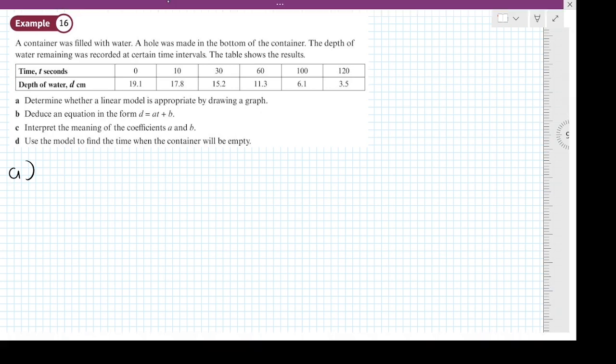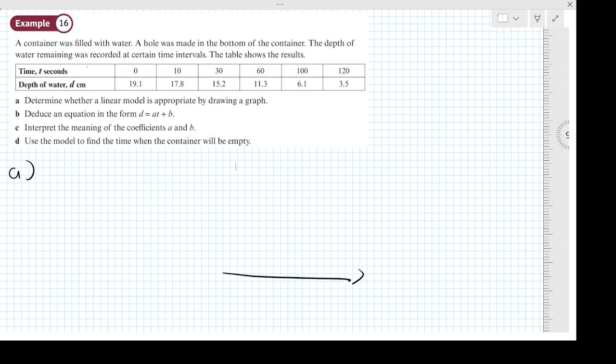So this is going to be a graph of time against depth. In general, if you're stuck deciding what goes on the x-axis and the y-axis, the x-axis is your independent variable, so that's the variable you're changing, the variable you're inputting. And then y is the dependent variable.